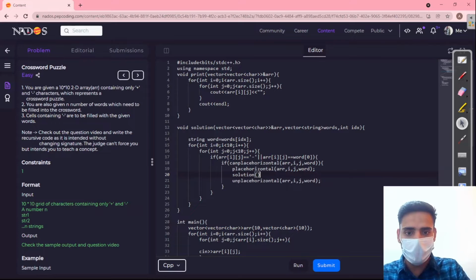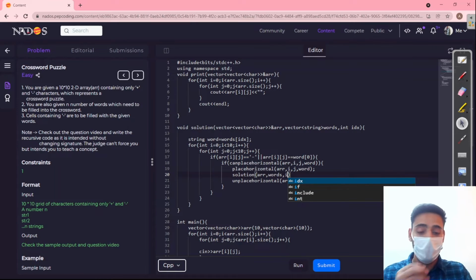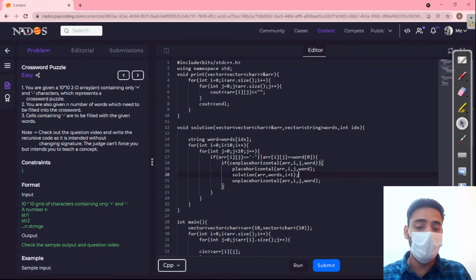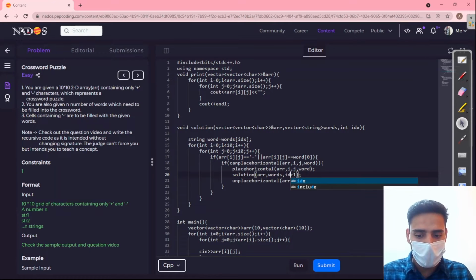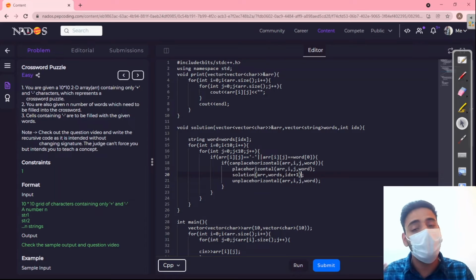So solution arr, and we have a vector of words that will be here, and we have placed one word, so we will increase the value of index, right? Because we have to choose the next word. One word is already placed. If we are here, it means it is placed, right? So we will increase the index so we can look for the next word. Okay, so this is good.